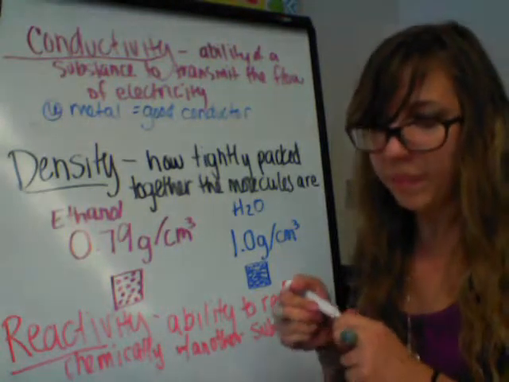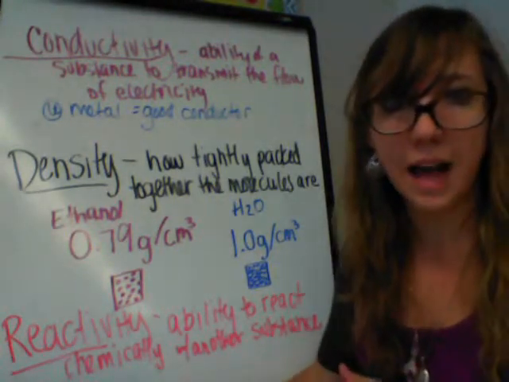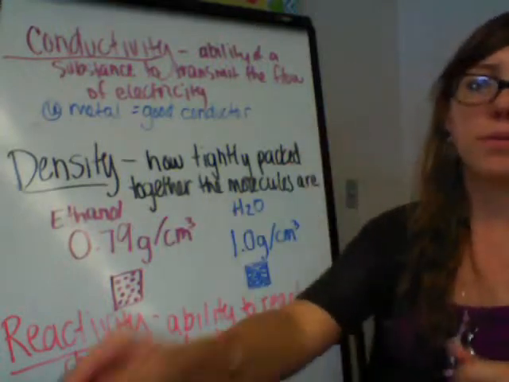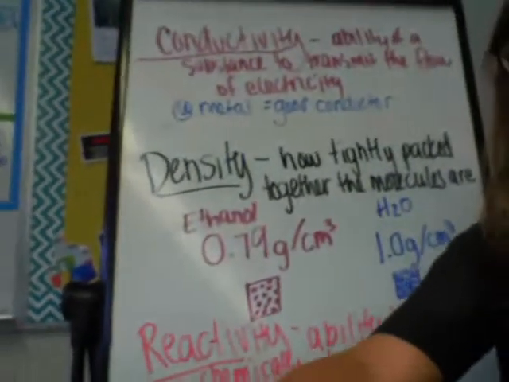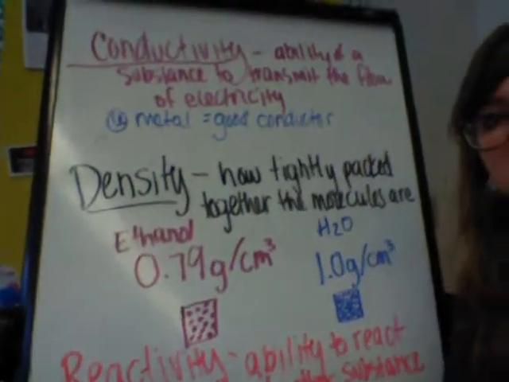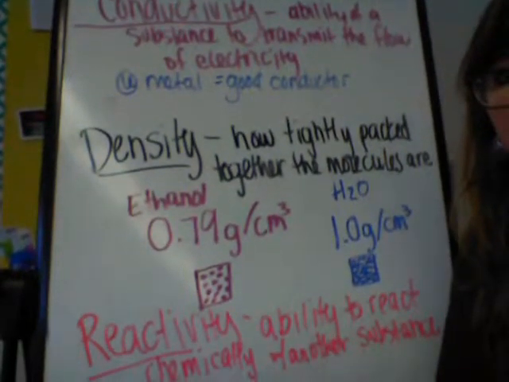We're going to do tests in the lab to demonstrate these three properties. I'll get you a little closer so that you can see all these notes if you need to take notes again.